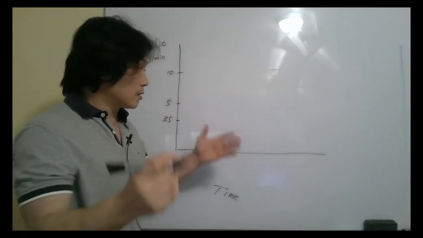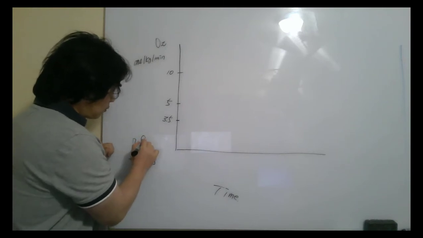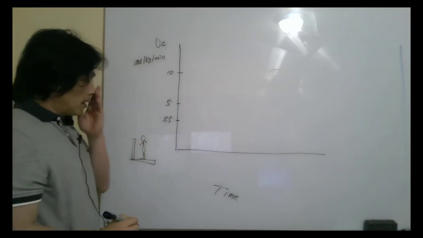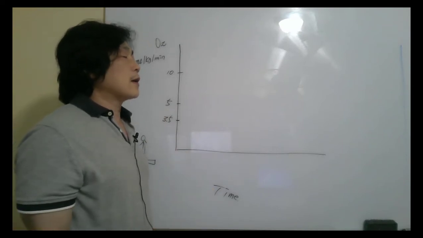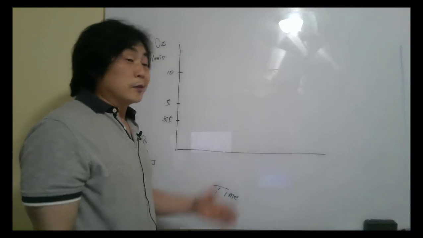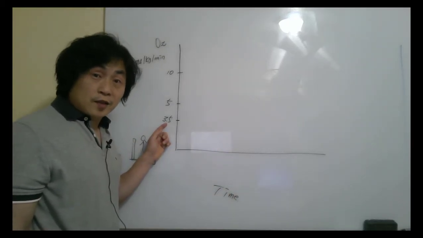Just imagine the treadmill is here. Dr. Gon just stands on the treadmill and really takes a rest. Theoretically, my oxygen consumption is around 3.5 milliliters per kilogram per minute.